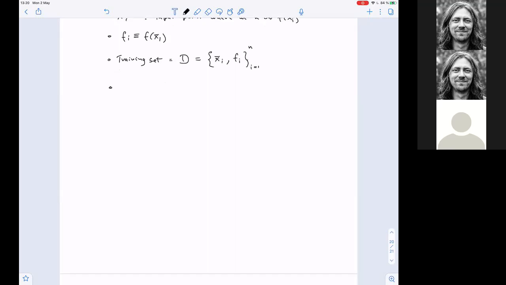We can take all our n input points, each living in n dimensional space, and put them in a matrix, an n by n matrix.